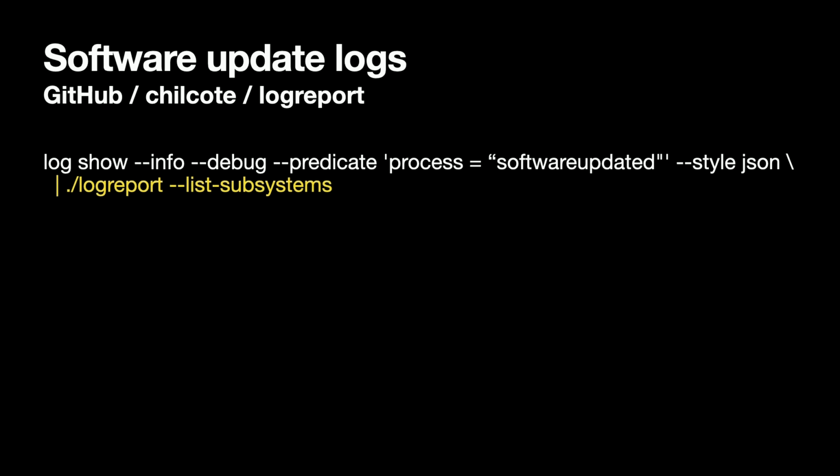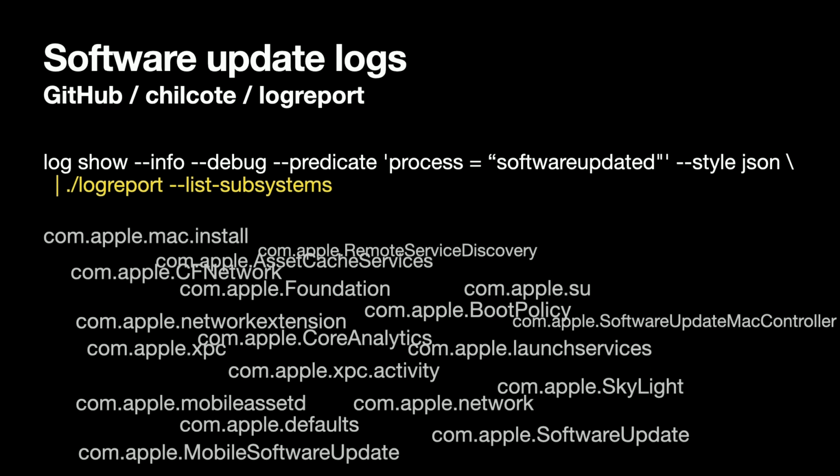And I thought, surely this would be a pretty manageable list of subsystems, but it turns out there's a whole lot. Now, some of them jump out as not being super interesting, but some really looked curious, and I wanted to delve into those more.